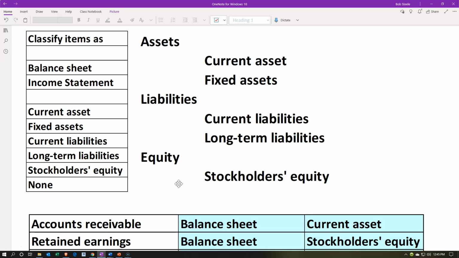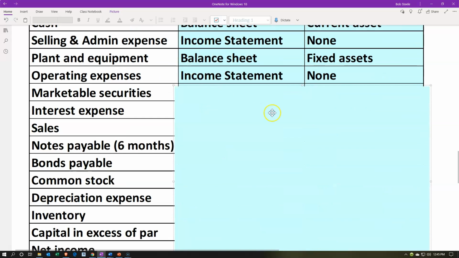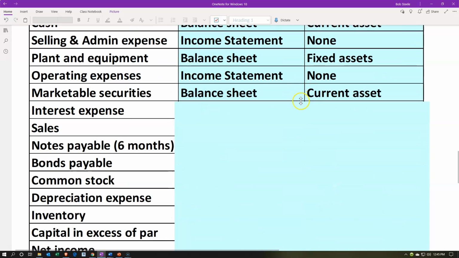So to us, that would be an investment. If we had marketable securities, we would take some of our cash and park it somewhere to hopefully get some short-term return on it until we use it in the business. That means it's going to be an asset, typically a current asset. So we're going to say current asset on the marketable securities.